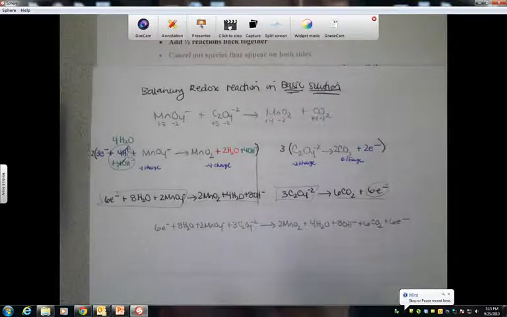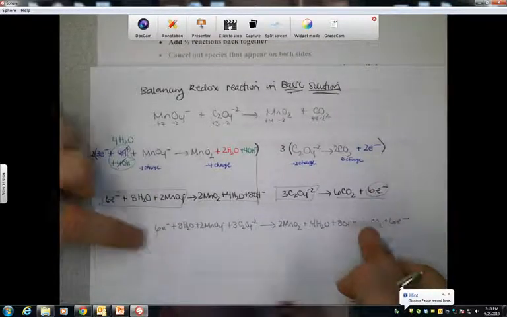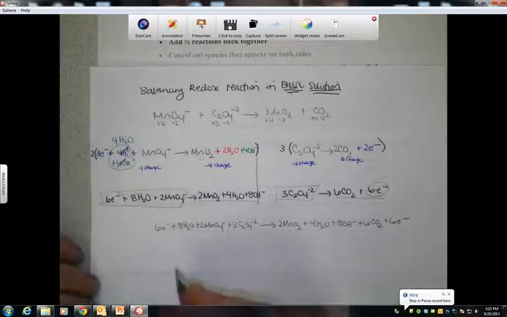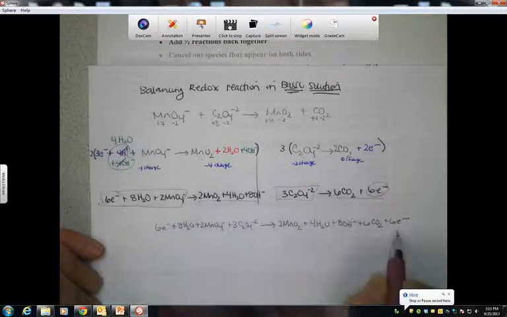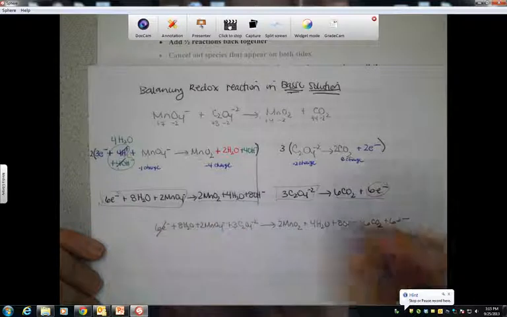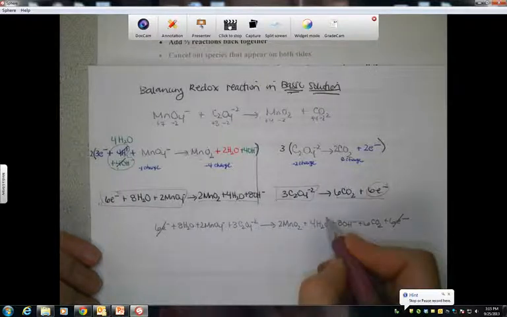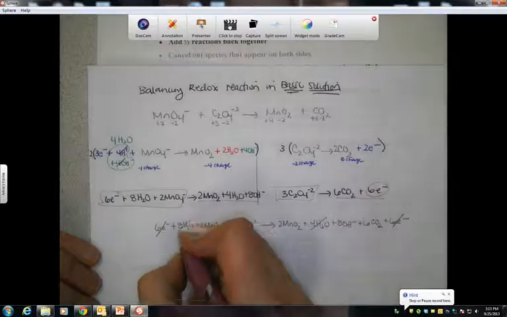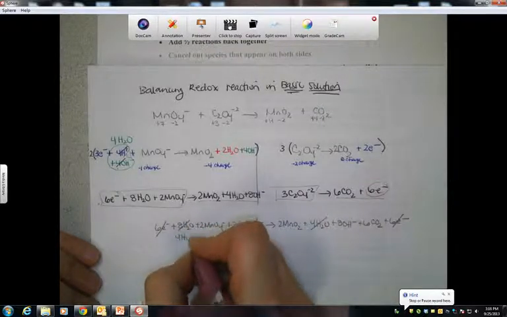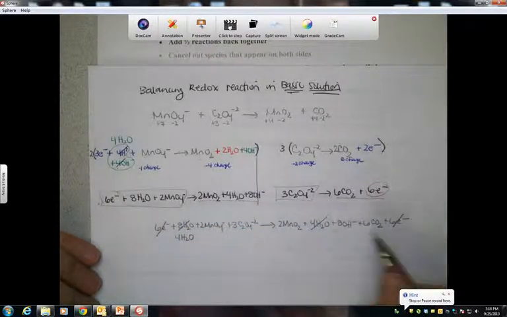I like to do it up here, but we'll do it this way because it might be easier for you to see. Notice you have 6 electrons on both sides, so you can cancel those out. Here you have 8 waters on this side and 4 on this side. So these 4 will cancel, and that leaves us with 4 waters.